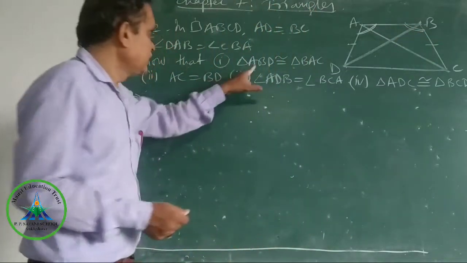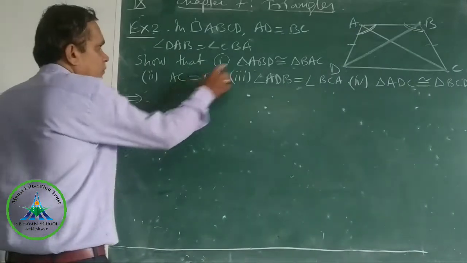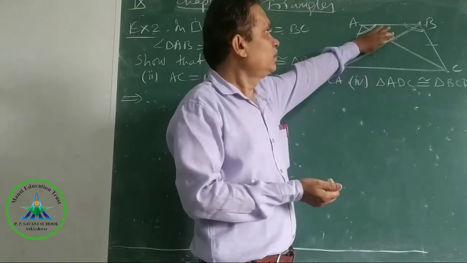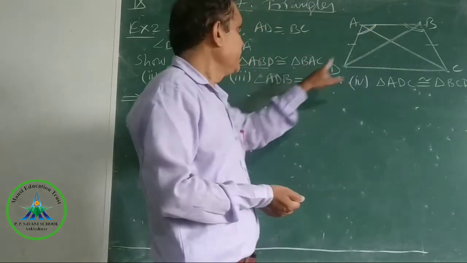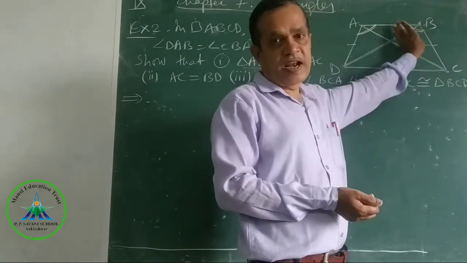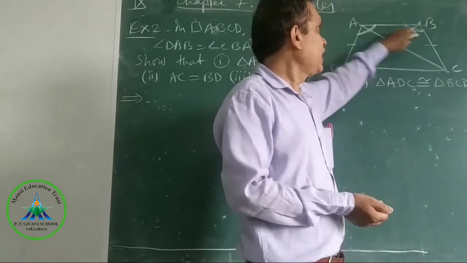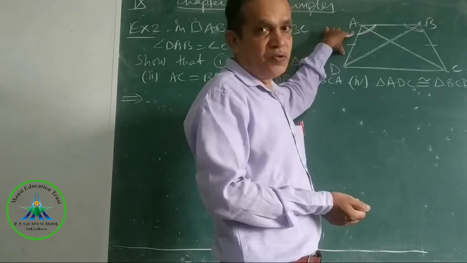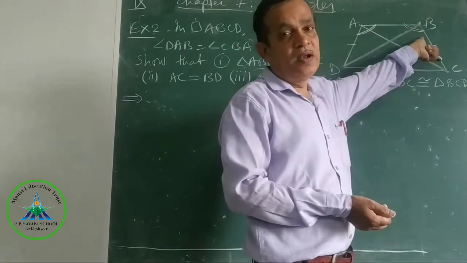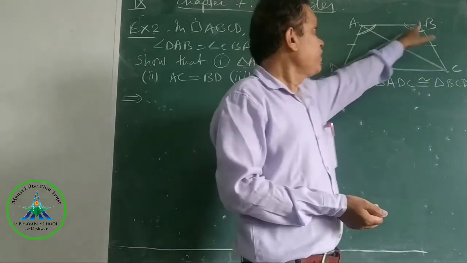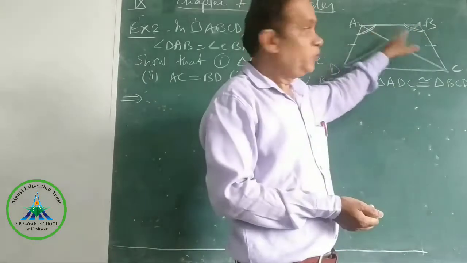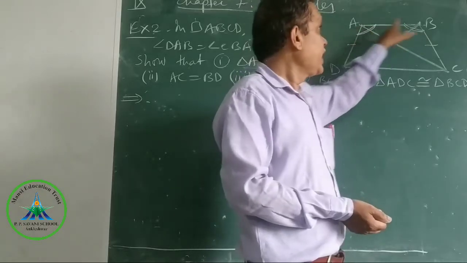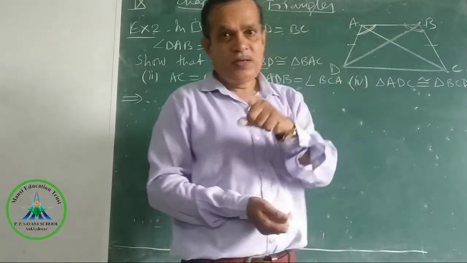Now let us come to the first, triangle ABD and triangle BAC. In these triangles, students, AD equal to BC given, DAB equal to CBA given, and AB equal to BA common.